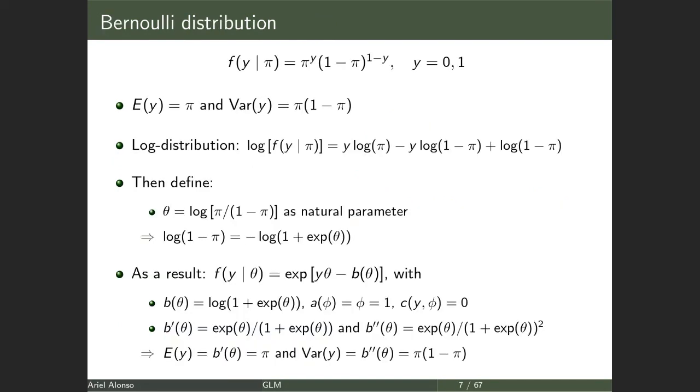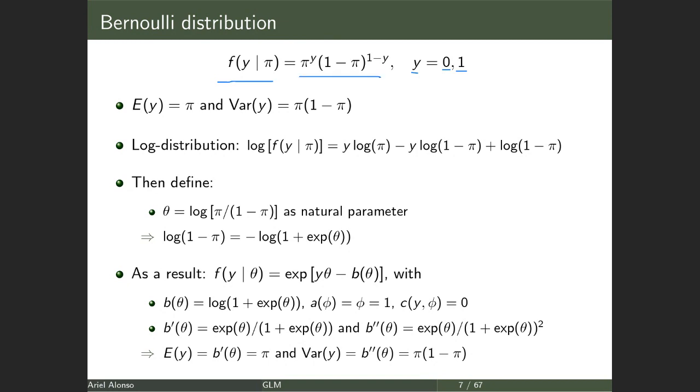Okay, let me show you that some of these special cases that we studied already are indeed special cases of the univariate exponential family. For instance, suppose that you have a Bernoulli distribution. You just have a random variable y that can take two different values, 0 and 1. And we know that you can describe the distribution of such a random variable using the Bernoulli distribution that is given over here.